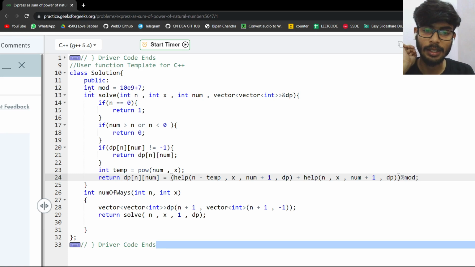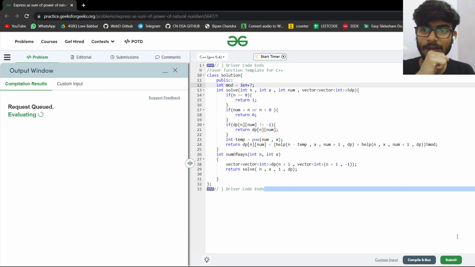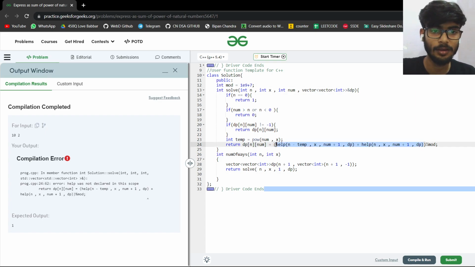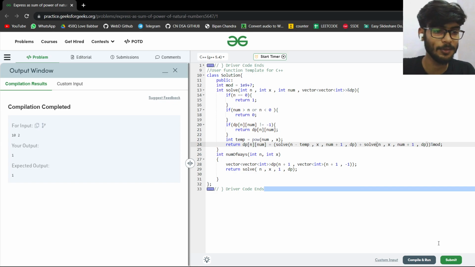I have calculated int mod as 10 to the power 9 plus 7, and it should be fine, so let it be. Again it is showing an error that help was not declared. We said that help was not there, it was solve. So we are writing the function name wrong. I know why I am writing it wrong: I generally keep saying help, help, we call them helper functions, so that is why I wrote help there.